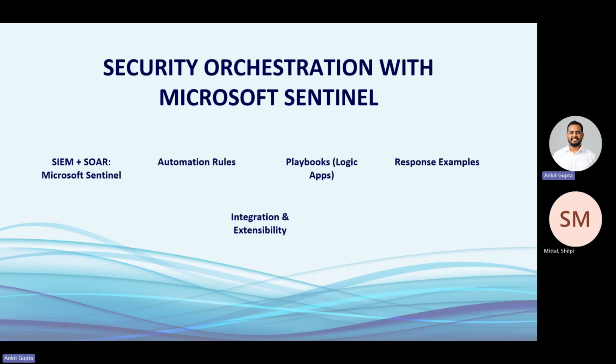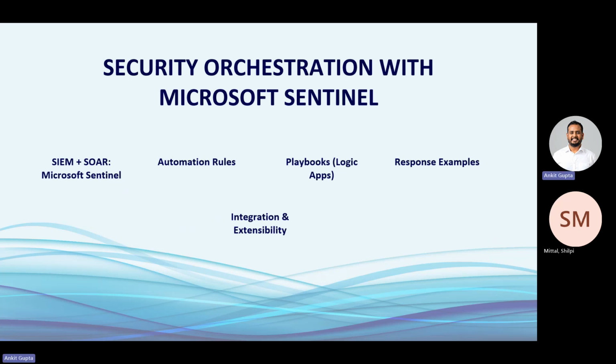This orchestration is also powerful for operationalizing threat intelligence. A playbook can automatically block indicators of compromise across systems, adding IPs to Azure Firewall or hashes to the Defender block list, closing the loop from detection to action.